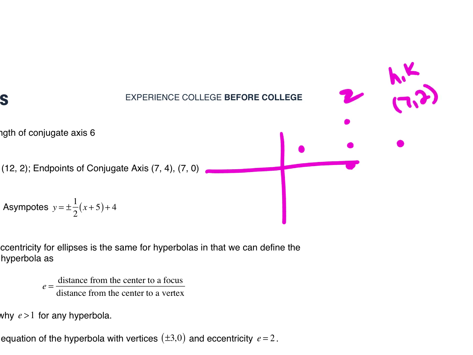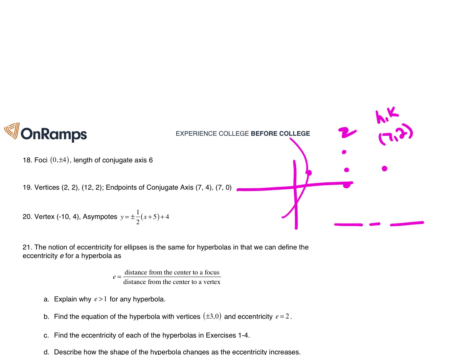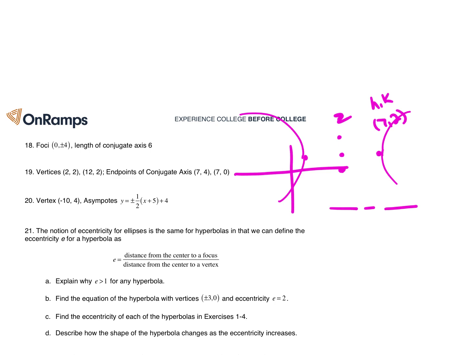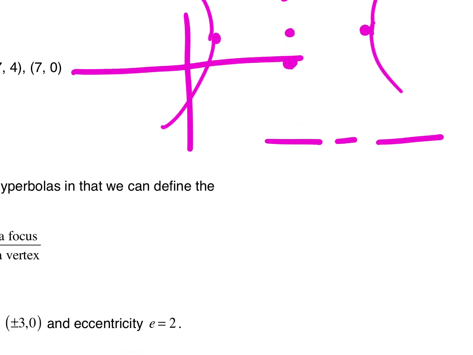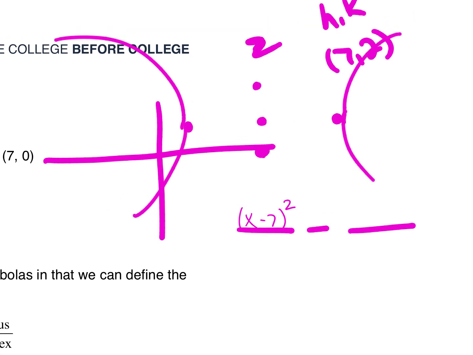Right? Okay, so let's see. I got minus something. Since these are the vertices, it goes like this, right? Do you agree? Because the vertices are going to be where the curves are. So that means I have x is squared, and h is -7, and then y is -2.